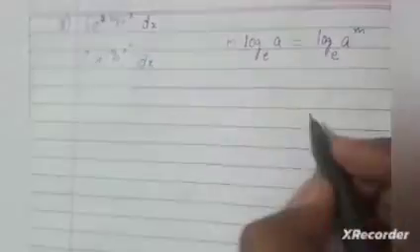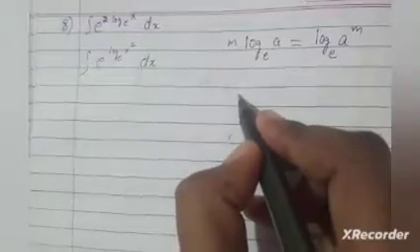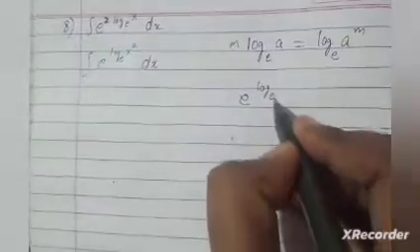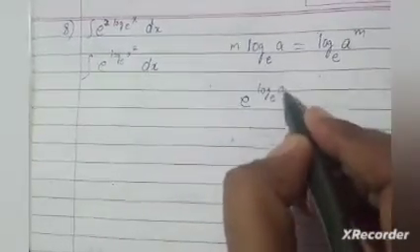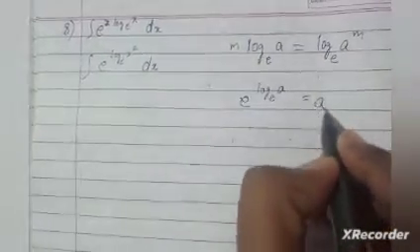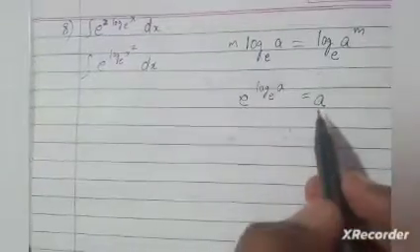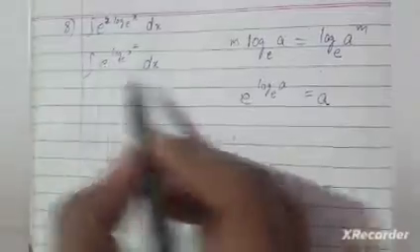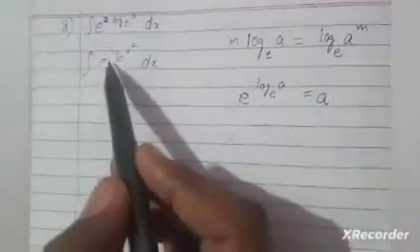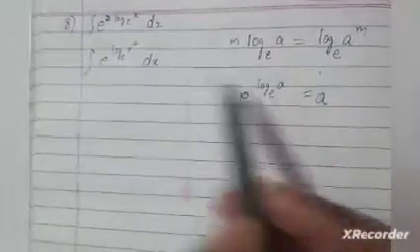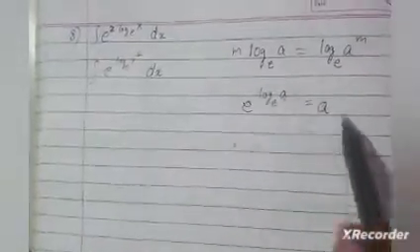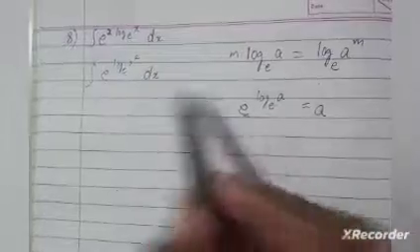Now we have our next formula as e to the power log to the base e of any constant a, which is equal to a. This is simplified as only a. When we compare this and this, we can see log to the base e, log to the base e, and we have one factor over here which is a, and it is all equal to the power e.